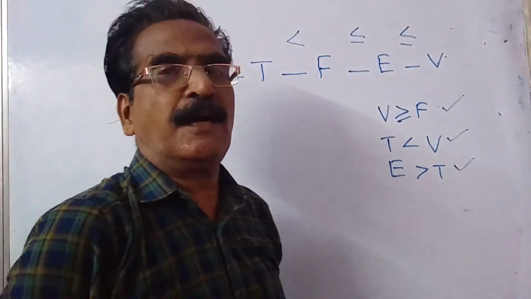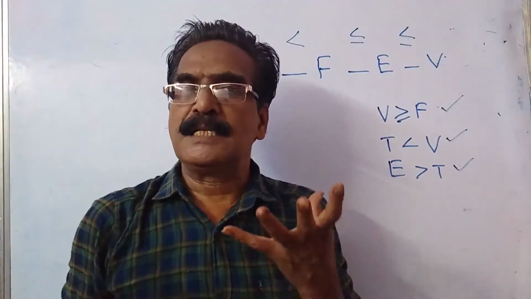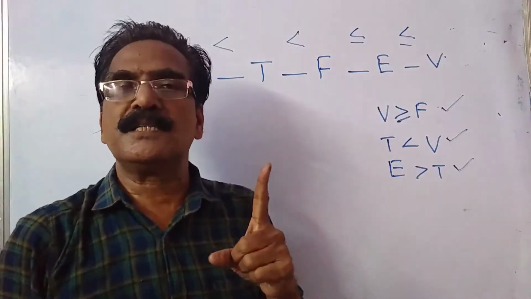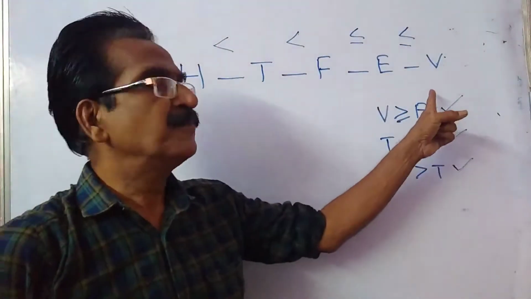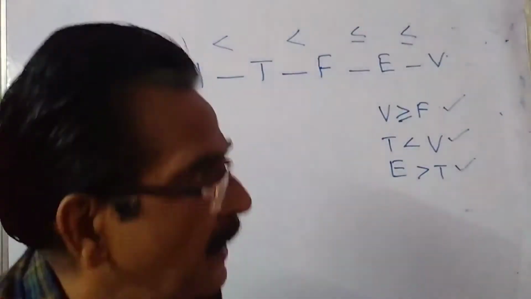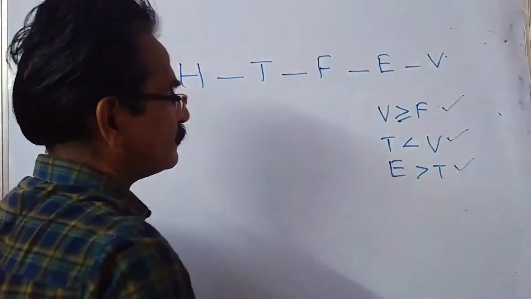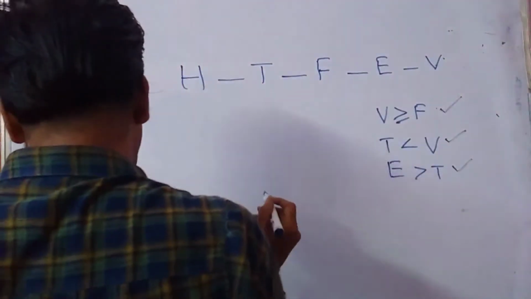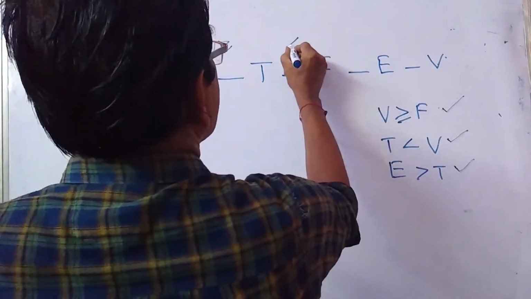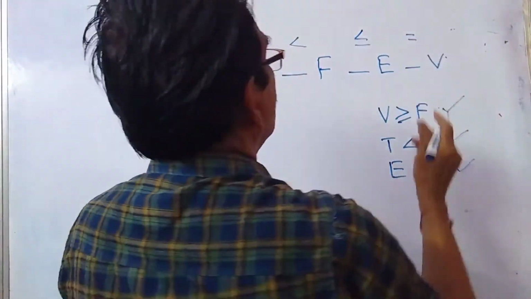So the symbols given in the second option also satisfy these three conclusions. Now let us see the symbols given in the third option. The symbols given in the third option are greater than or equal to, less than or equal to.